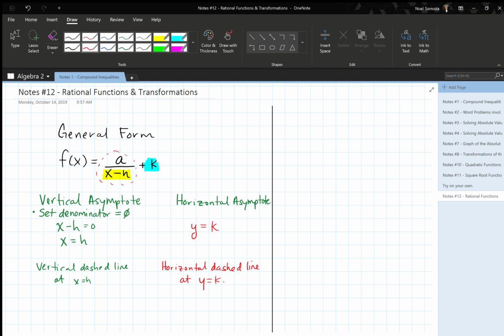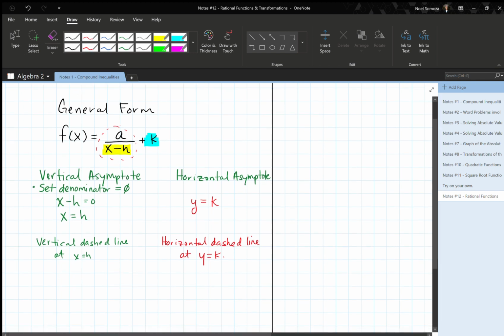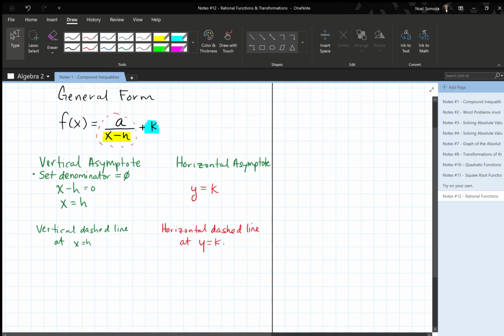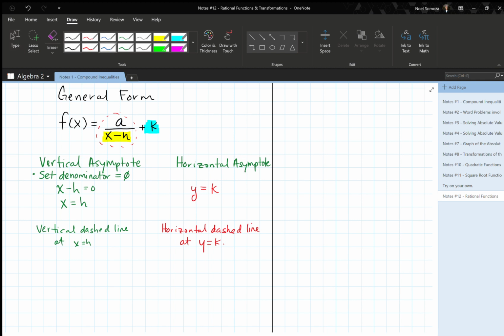The reason why we have vertical and horizontal asymptotes is because there are certain numbers that the function is not allowed to have as inputs, and because certain numbers cannot be inputs, that results in a certain number that cannot be an output. In order to find the domain here, remember, domain is related to your vertical asymptote.